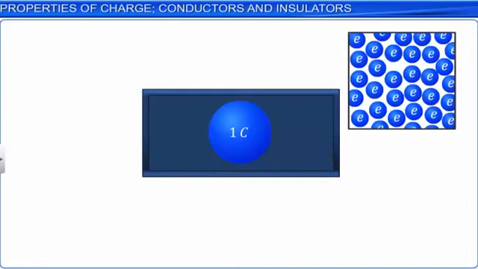In the practical examples we have seen for charging a body, we deal with bodies possessing a charge of about a few microcoulomb. The charge of microcoulomb, that is, 10 to the power of minus 6 coulomb, is very large compared to the basic unit of charge E. When such a microscopic level of charge is involved, the concept of quantization of charge can be ignored, since it has no practical significance.